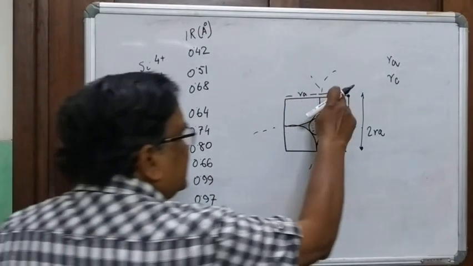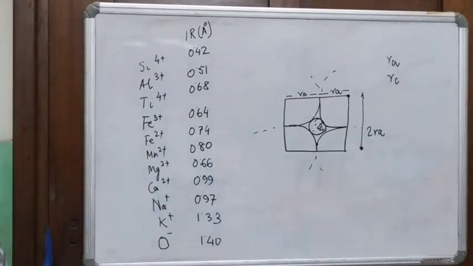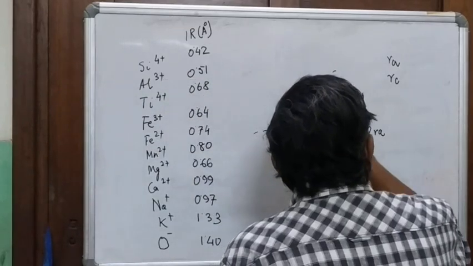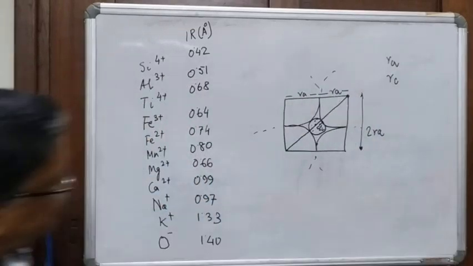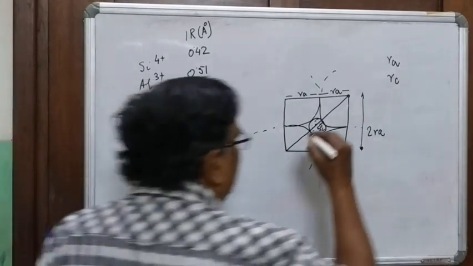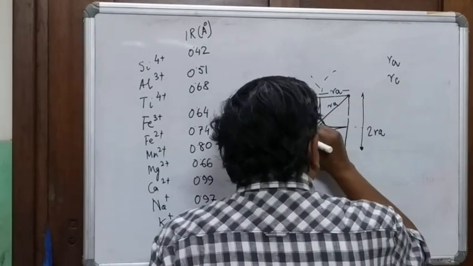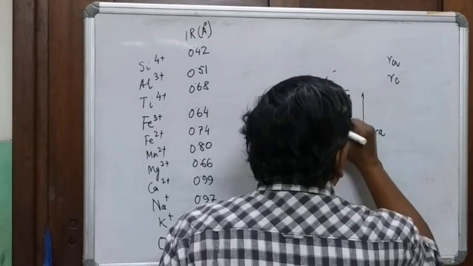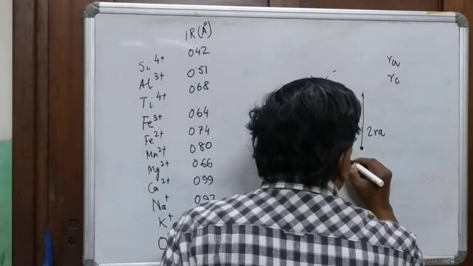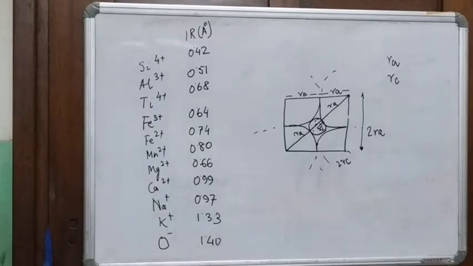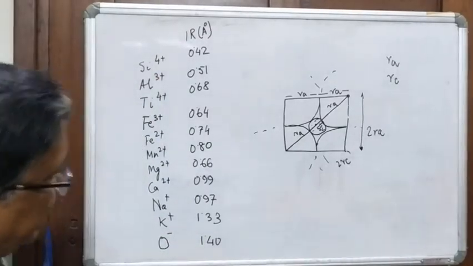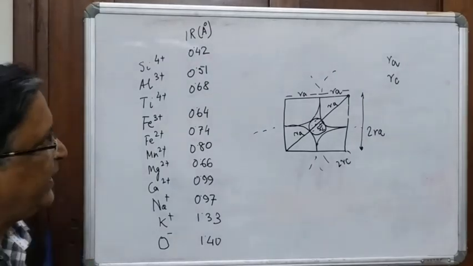Now, if this is RA, then what is RC in terms of RA? You draw a diagonal through the center. Remember, this is RA, this is RA, and this distance here is 2RC, because it passes through the diameter of the cation lodged inside.